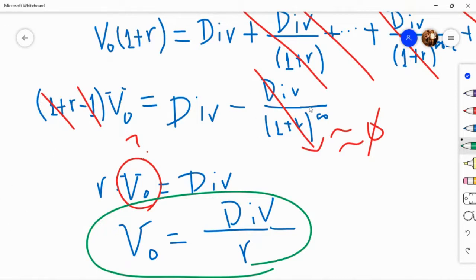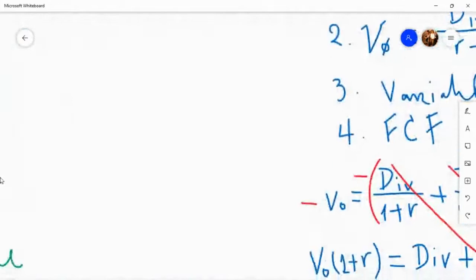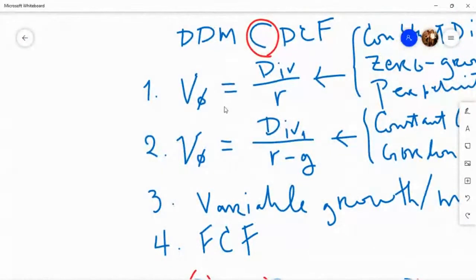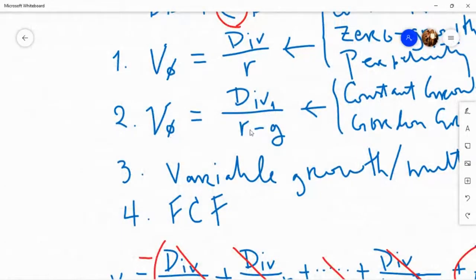So this explains why the first model, the constant dividend model, or zero growth model, takes this shape. And next, why does the golden growth model, or constant growth model, look like this?